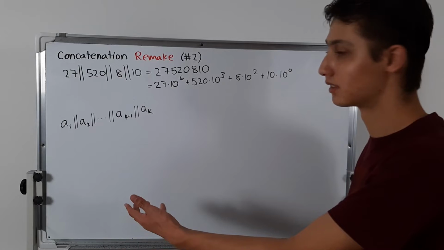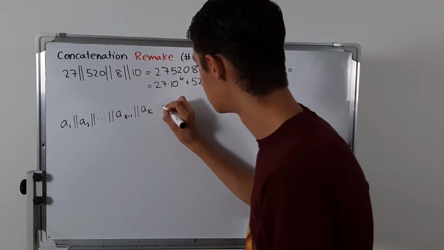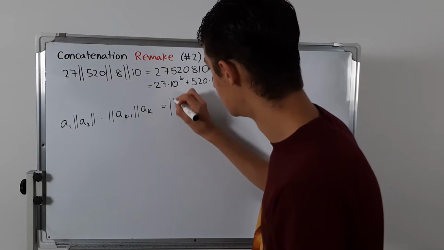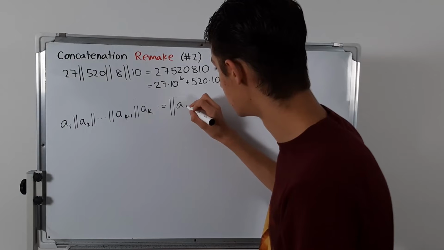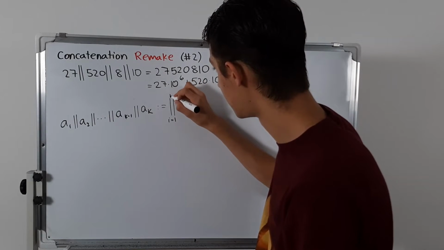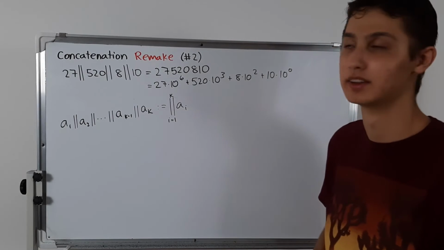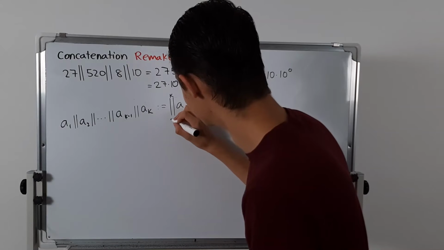So a great way to simplify this is to just invent a new notation. I'm going to define this to be equal to the concatenation of A sub i, where i goes from 1 to k. Just some shorthand, and it just means this guy.